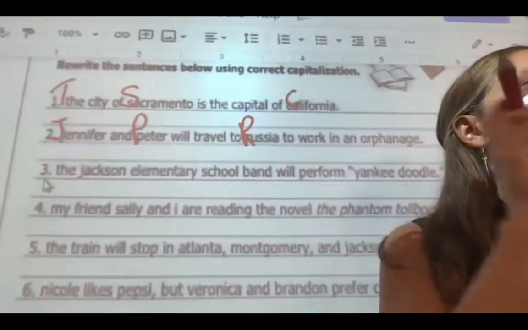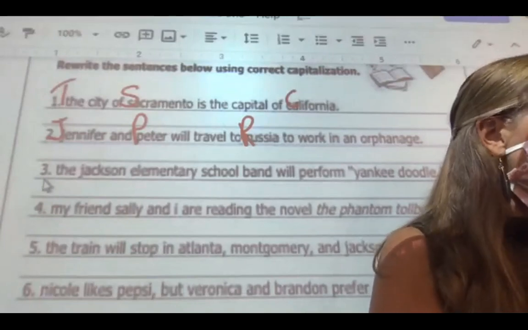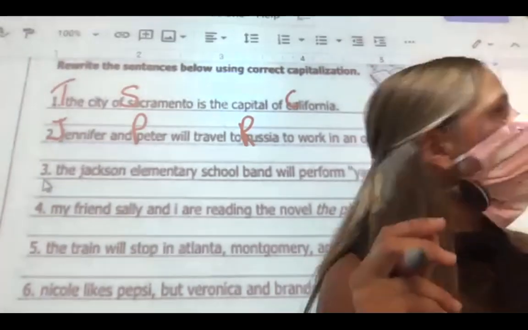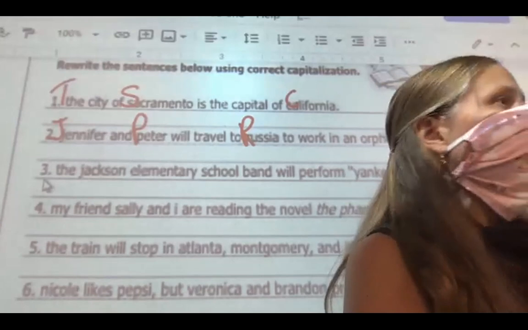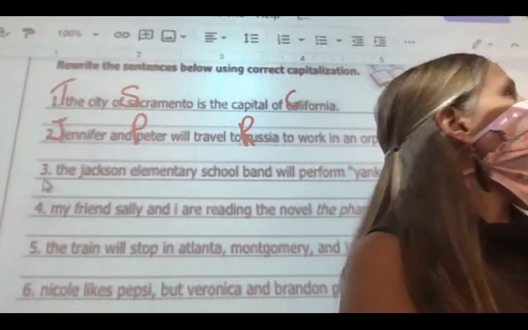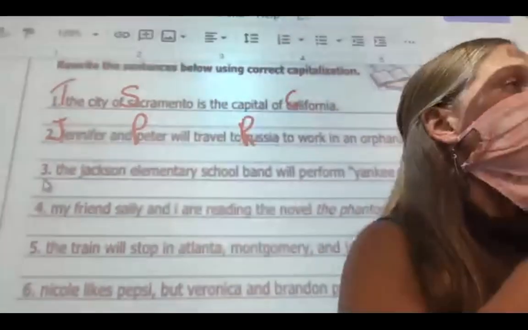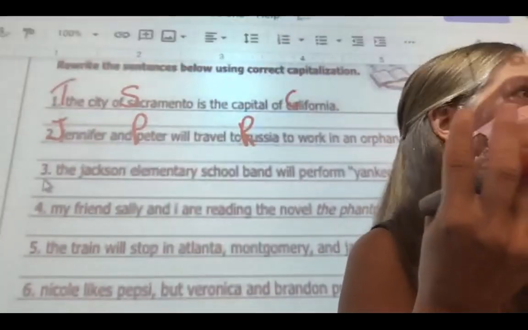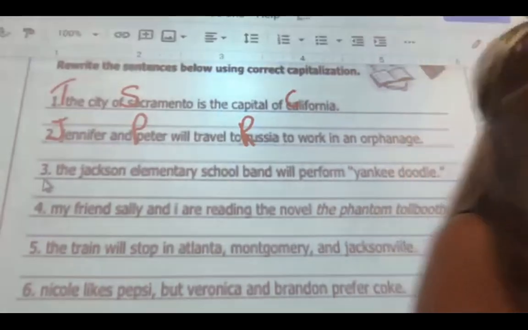If it was a specific orphanage, called the Maldonado Orphanage, then it would be capitalized because it would be one specific one. It would be a proper noun. But if it is any orphanage, it just says orphanage, then it's not capitalized. Do you understand? You can look back up here.